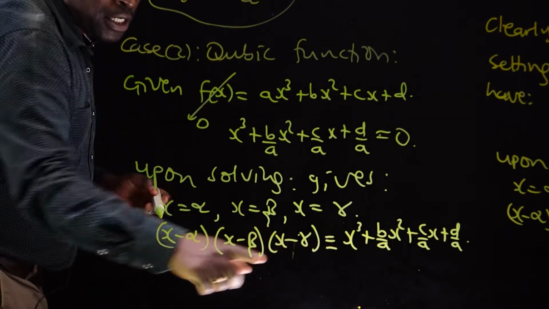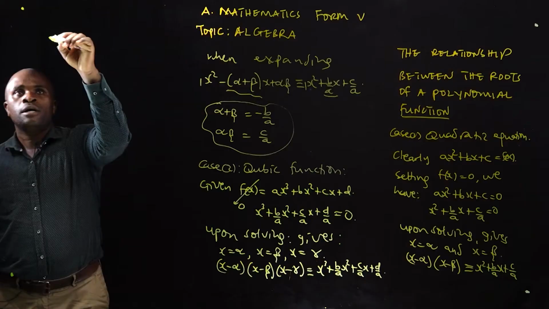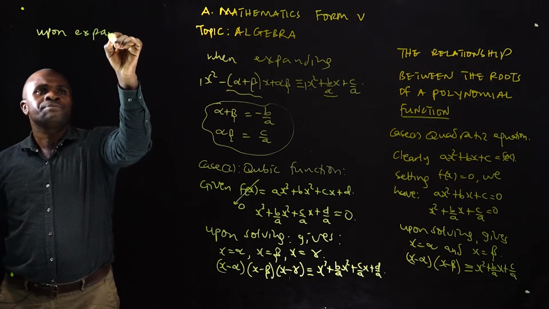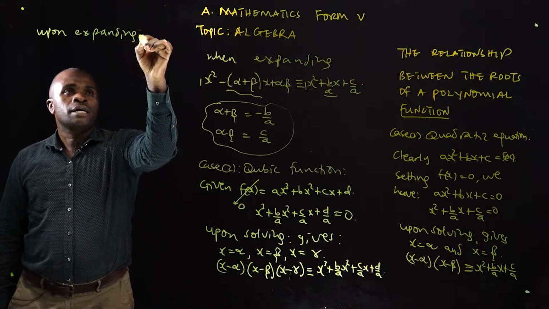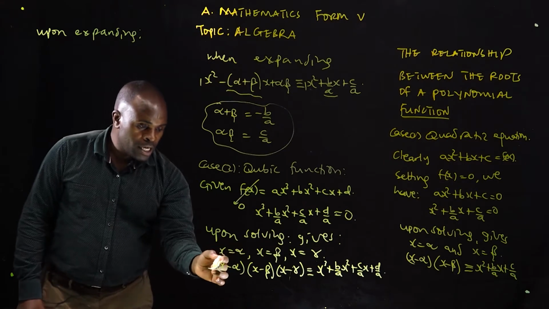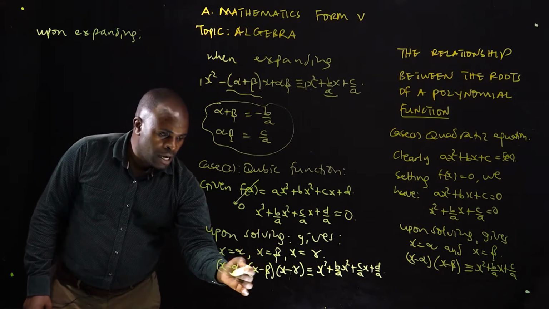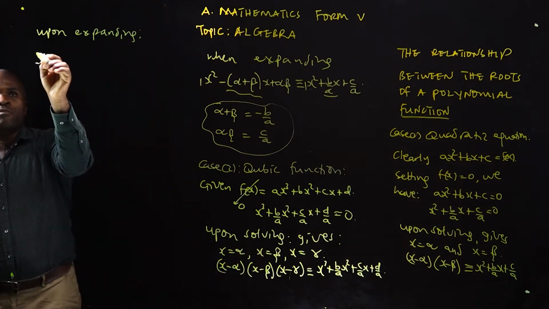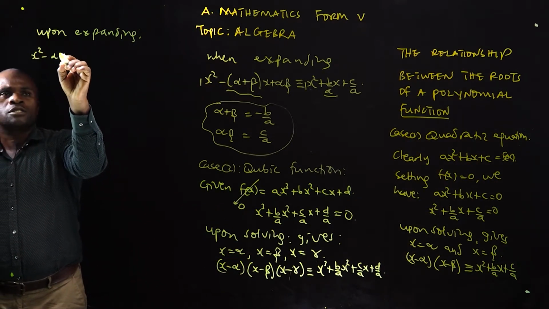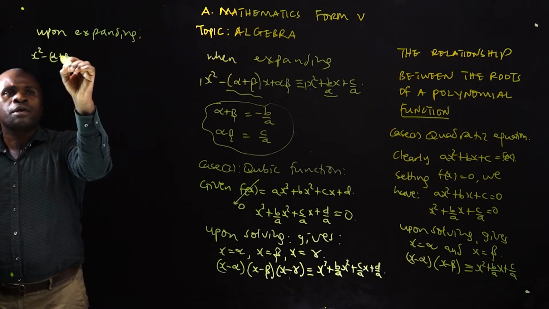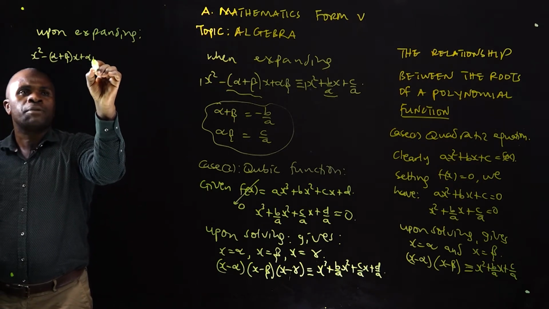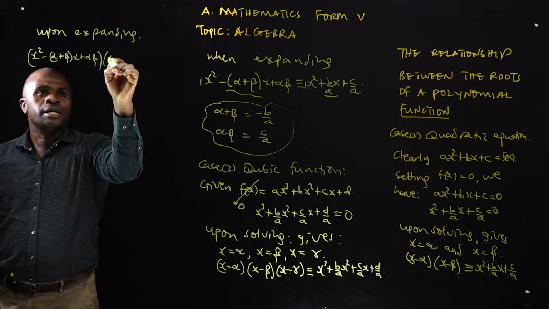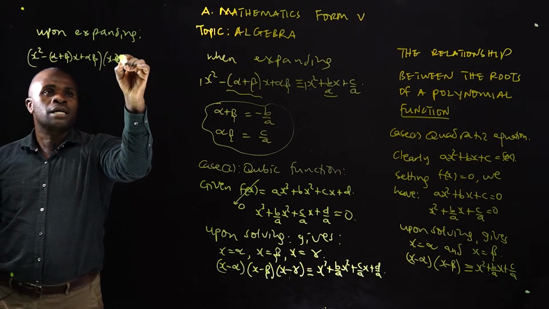Upon expanding carefully, you could take x times x. So the first part here, we expand the first two: x squared minus alpha plus beta, x, plus alpha beta. This one also needs to be expanded with x minus gamma.